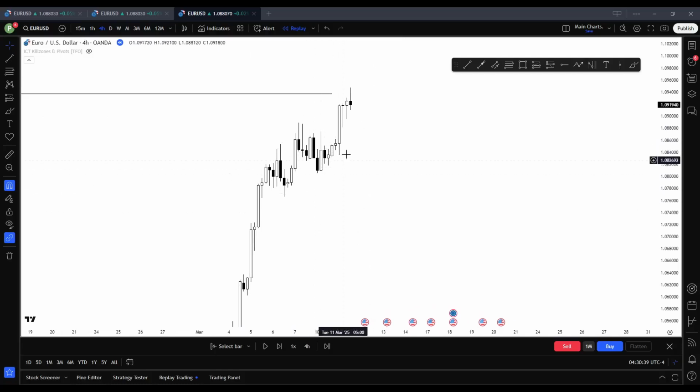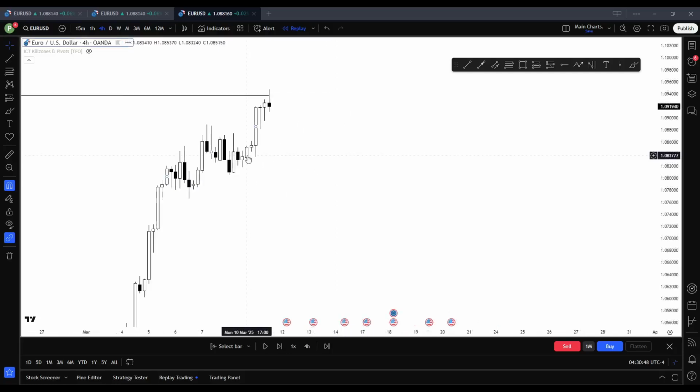When we look at the 4 hour time frame, we can see that Tuesday's candle opened right here and immediately price went into a ranging profile during the Asian session and formed this 4 hour ranging candle, right? And looking to the left, we can see that there was no internal range liquidity left to either fill or rebalance, right?